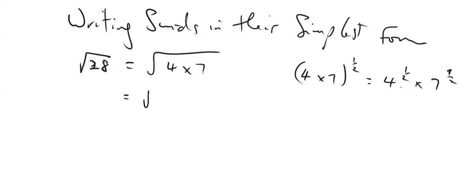Same thing here, you can put square root of 4 and square root of 7. And you know that the square root of 4 is not a surd, it's a nice number, 2. So you end up with 2 root 7. So writing root 28 in its simplest form, you get 2 root 7.